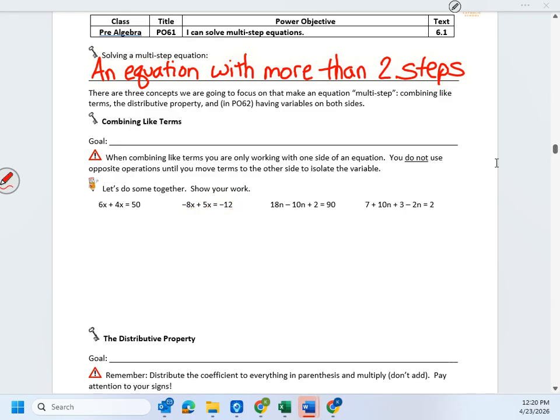All right, so combining the like terms, your goal is to simplify the equation by combining like terms. So it's simplifying.